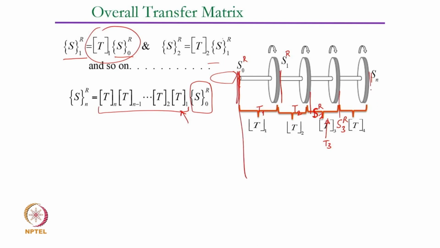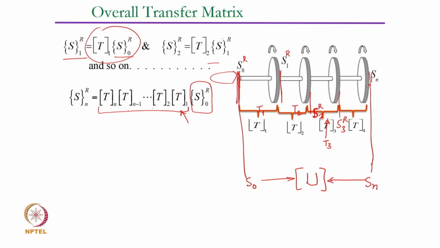Ultimately this state vector will now get related to this state vector. So Sn will get related to S0 through a transfer matrix which is going to be a product of Tn, Tn minus 1, Tn minus 2 up to T1. This entire matrix, if I call that an overall transfer matrix U, that matrix will relate these two state vectors.